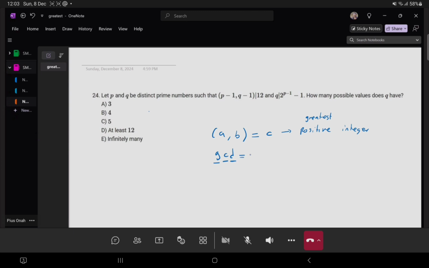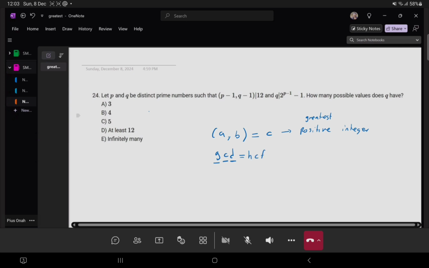Others may be familiar with this as HCF, highest common factor. It's essentially the same thing.